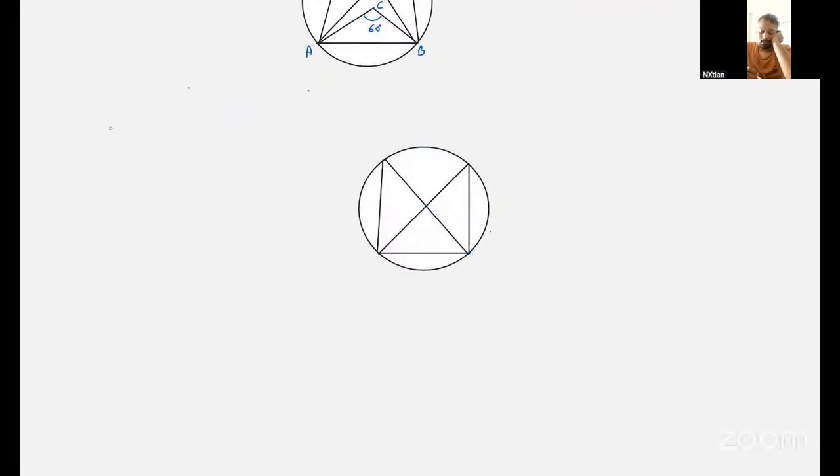So from this we can conclude that, for example, if I write A, B, C, D on a circle with center O, then angle BAC is equal to angle BDC.